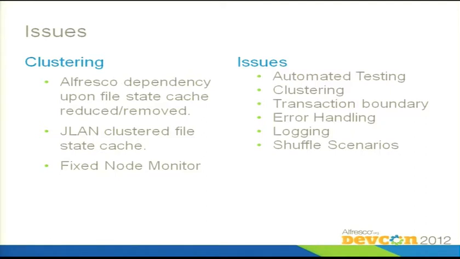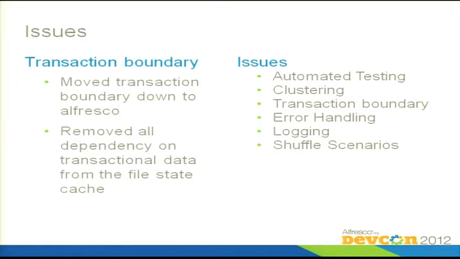It may need to do something with its locks, or it may just need to delete stuff out of its file state cache. I'll just mention that that's been fixed, because I think it assumed that there'd only be a maximum of 2 nodes being updated per transaction, which is not the case. So clustering had some work on it.